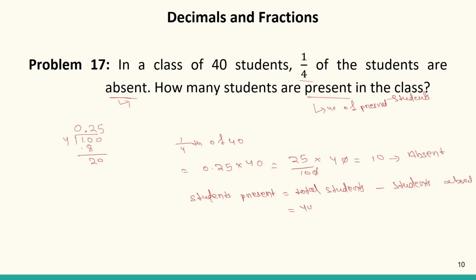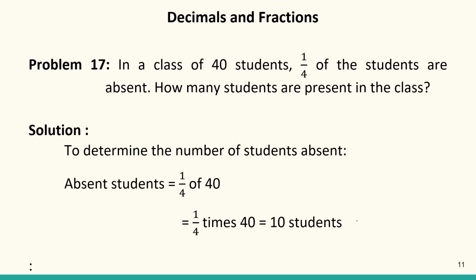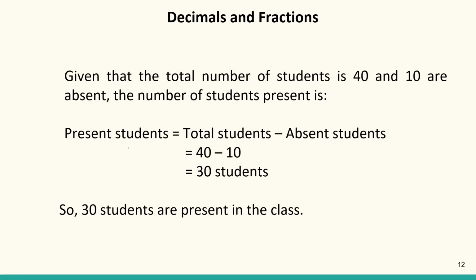This is equal to 40 minus 10, which is 30. So 30 is the final answer. Absent students are 1 by 4 of 40, which is equal to 10 students. We use the formula: present students is equal to total students minus absent students, that is 40 minus 10 is equal to 30 students. So 30 students are currently present in the class.